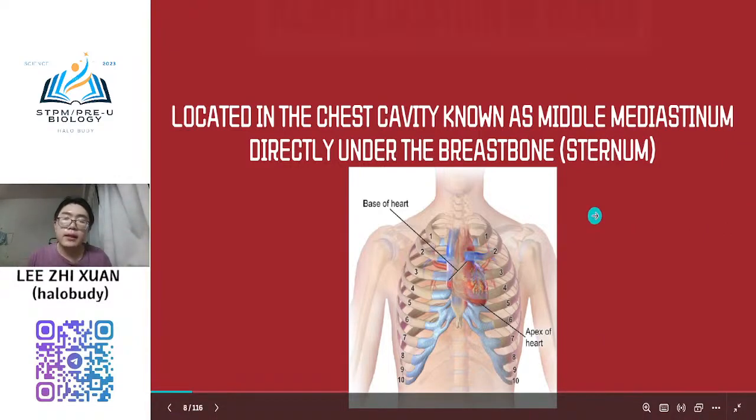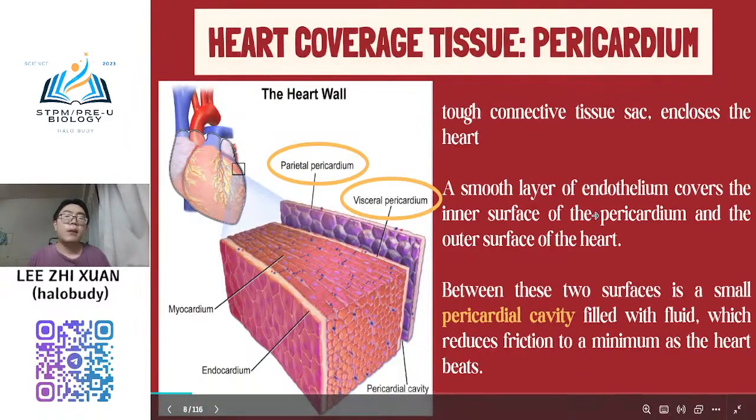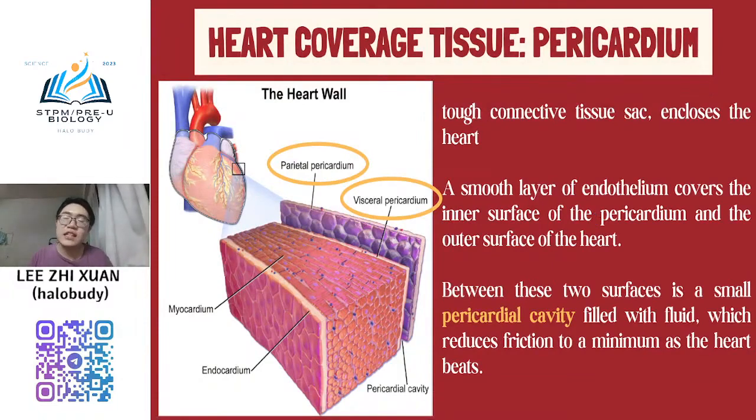Okay, and then next, I need to mention the heart coverage tissue. We know that for the heart, one of the coverage tissues is cardiac muscle, right? You will still remember that in semester one, you learned about the types of muscle tissue.